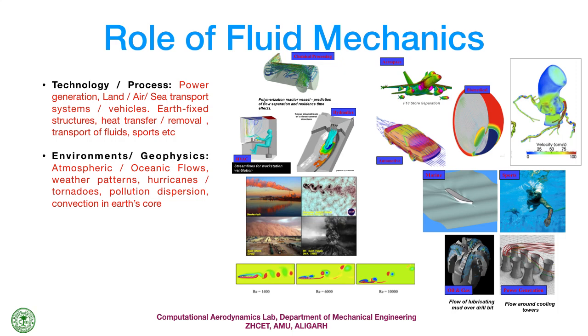If you see the second picture from the bottom, it is basically a sand plume. Then there is a picture of a volcano, and a picture taken by NASA of a vortex shedding pattern from a galaxy. Then there is a pollution dispersion from a chimney. So these are all very much related to fluid mechanics.